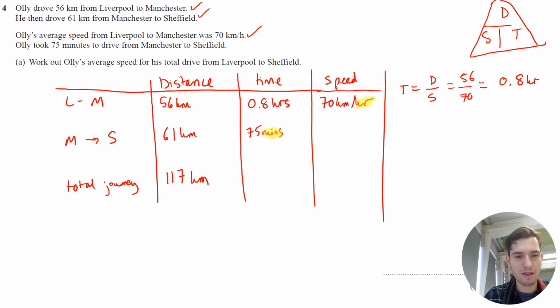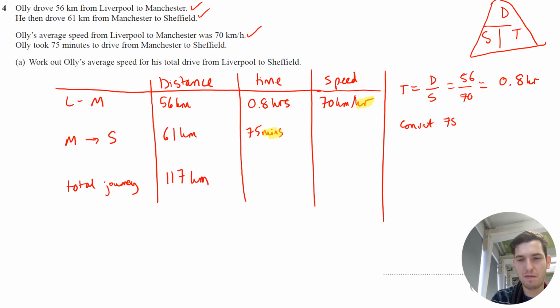Now, the next thing, from Manchester to Sheffield, I can work out the speed, but actually I'm going to need to convert this time. So I need to convert 75 minutes into an hour. So what is 75 minutes?